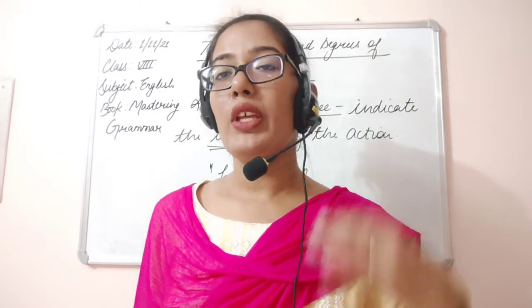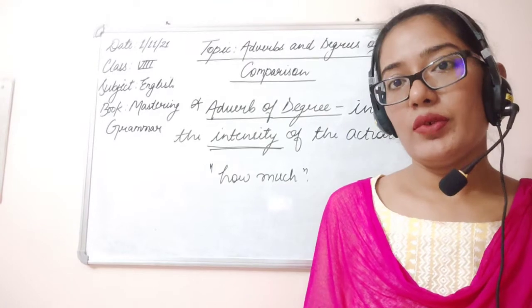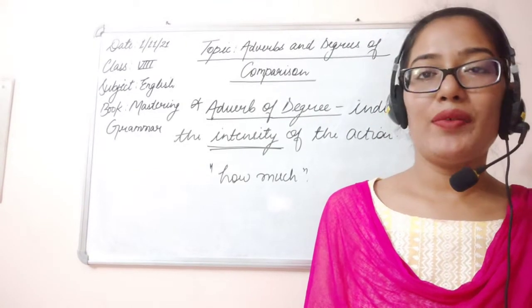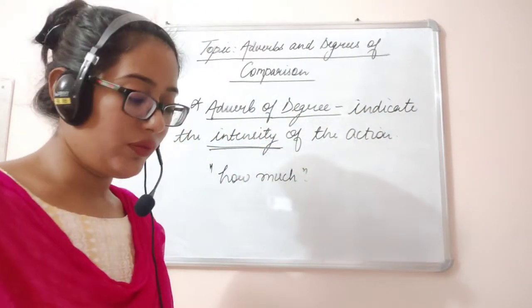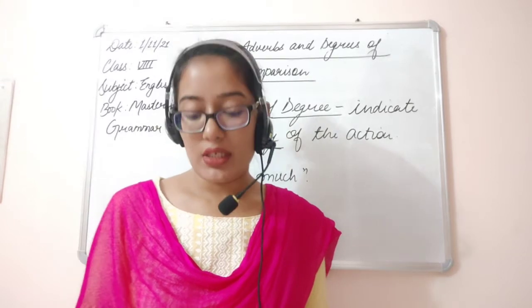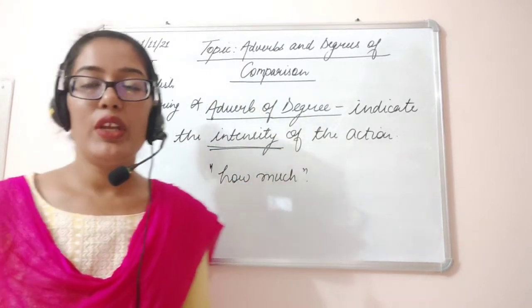Now adverb of degree, you get the answer from how much. When you have to check the intensity of that action, you use how much. For example, he almost fell asleep when the movie ended. Okay, how much? He almost fell asleep when the movie ended.